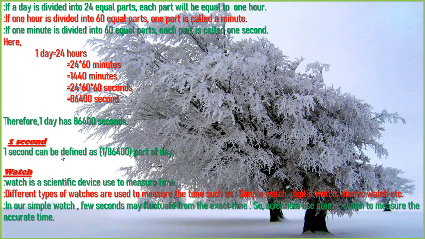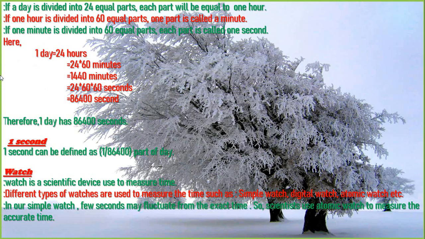We have learned that there are 86,400 seconds in a day. But now let's discuss what 1 second is. 1 second is a very short time, a time in which we cannot even blink our eyes.